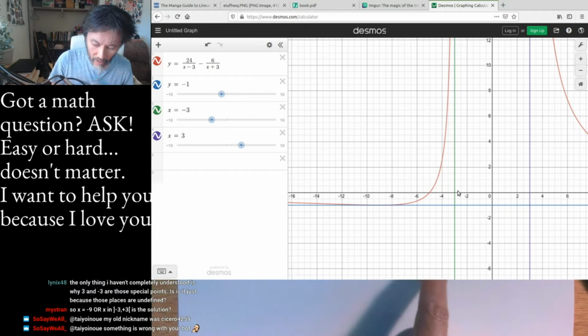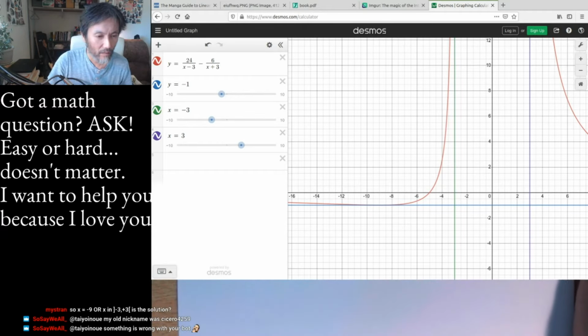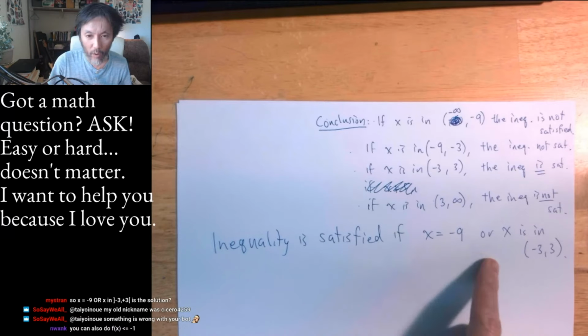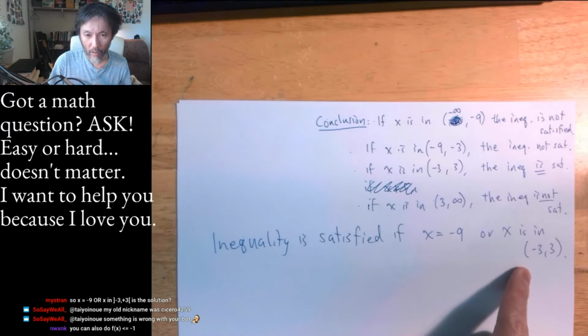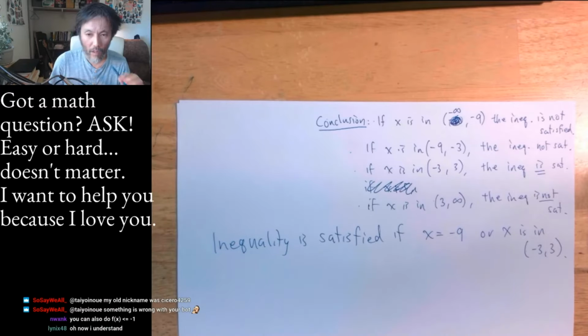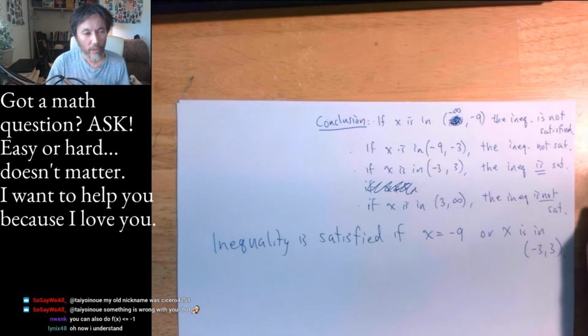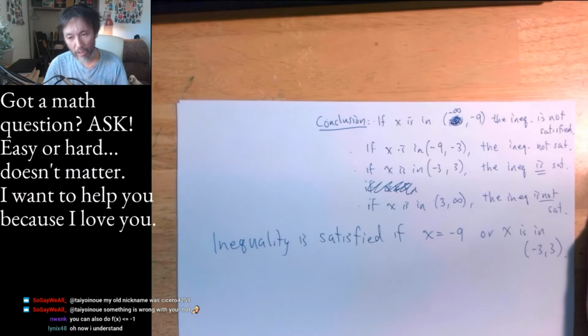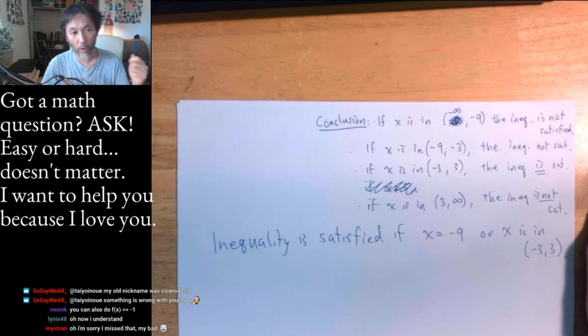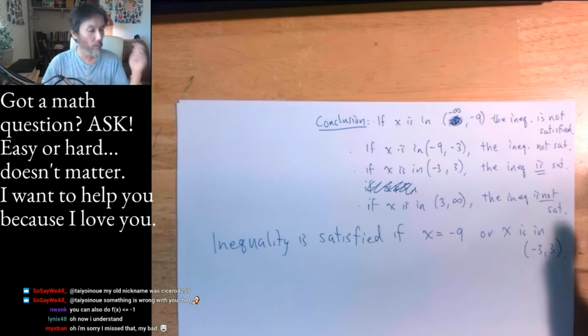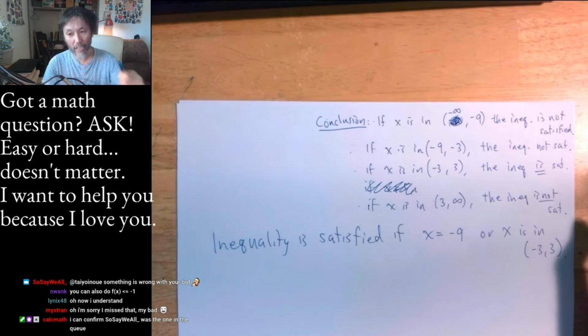Yeah, so x is equal to -9, or x is in -3 to 3. You see, those three locations, -9, -3, and 3, are the only places where the status of whether or not the inequality is satisfied can change.